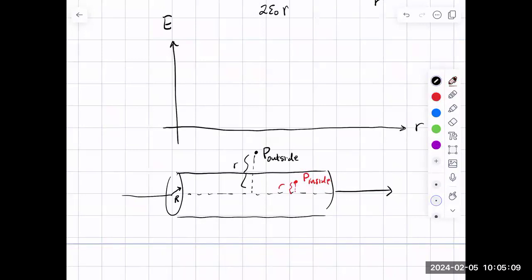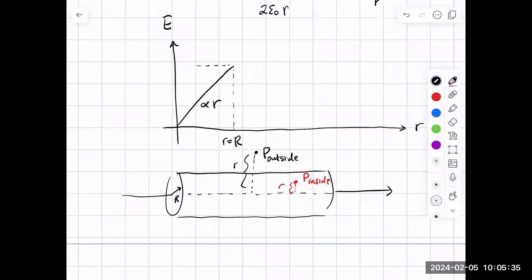Okay, so when we're inside, what we saw was the electric field would increase linearly. And that would be true up until we get to a point where little r, the distance from our cylindrical axis, equals the radius of our charged cylinder. And so here it is proportional to r.